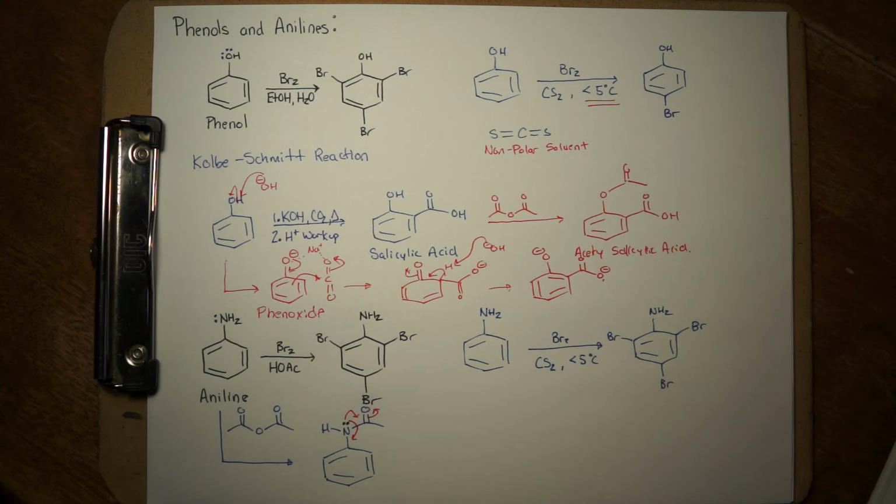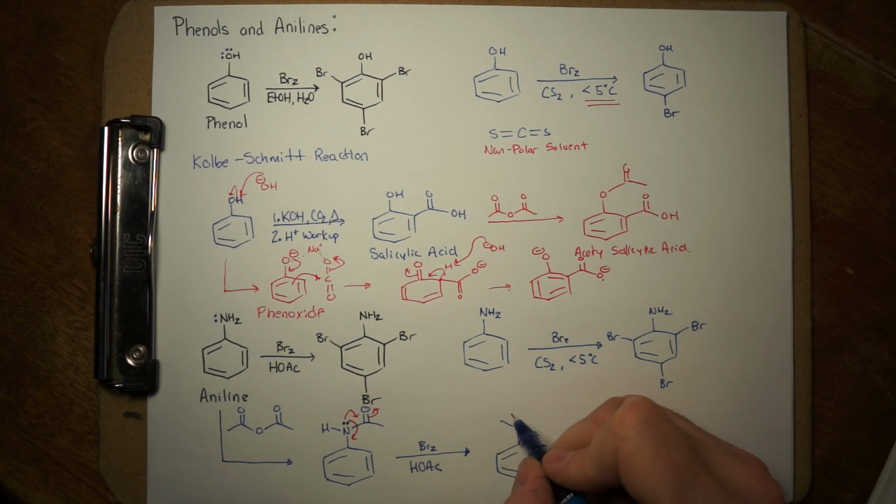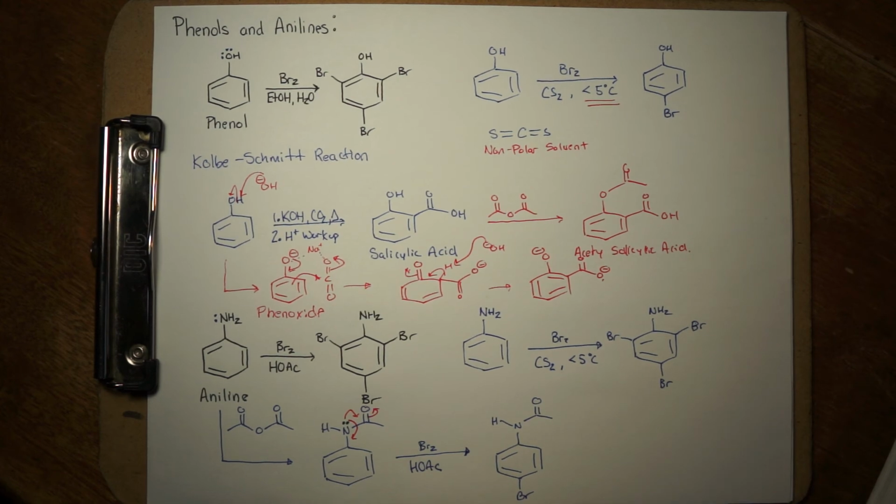All right, so we can take this N-acetyl aniline, and now we can treat it with bromine and acetic acid. And when we do that, we get the addition of one bromine in the para position as the major product and no bromines in the ortho position.